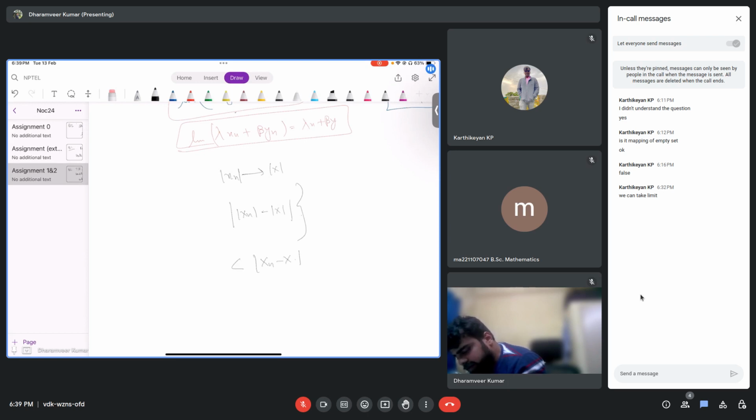Do you know this inequality? This is called the triangle inequality. You take mod x over here, mod a plus b, which comes from this.